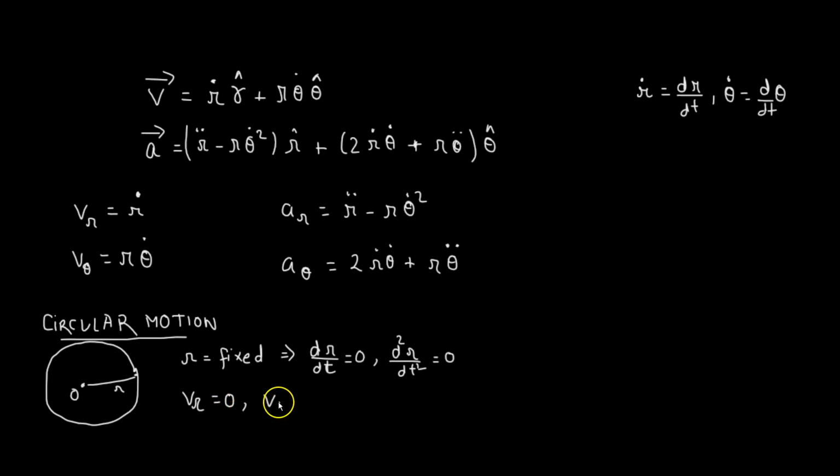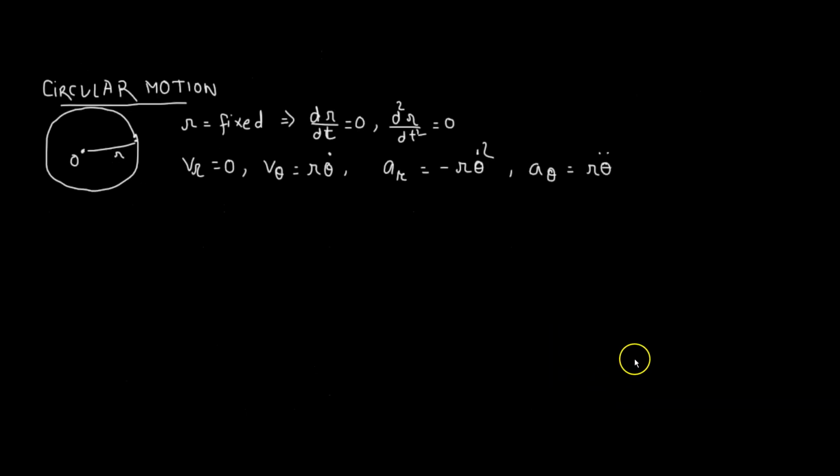Then v theta will be r theta dot. Coming to the acceleration, the radial part a r: we have r double dot, which is 0, so we are left with negative r theta dot squared. And the angular part a theta: we have 2 r dot, and r dot is 0, so we are left with r theta double dot.